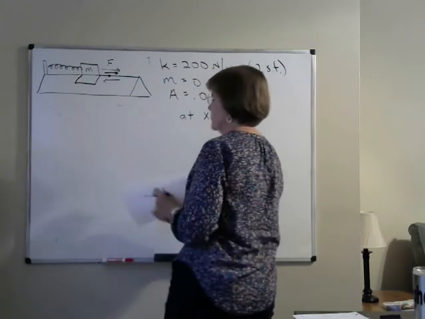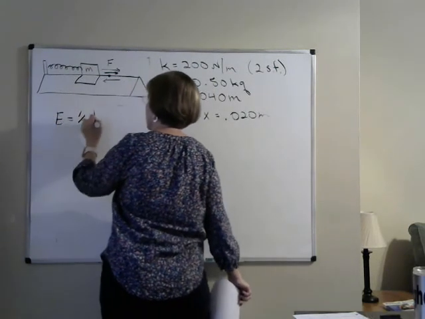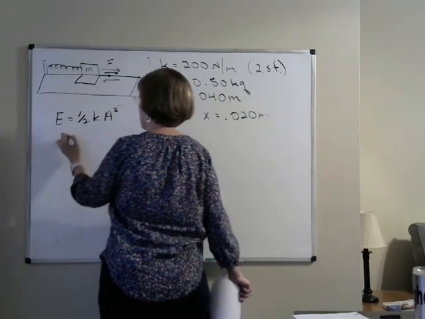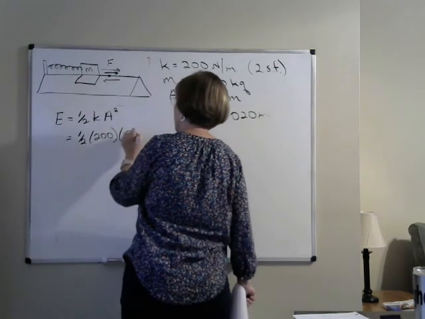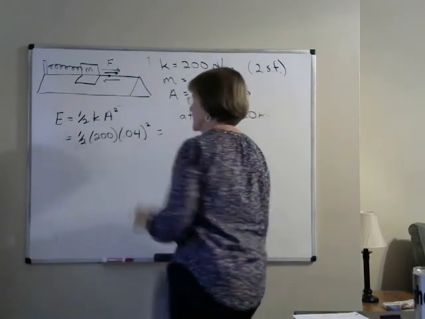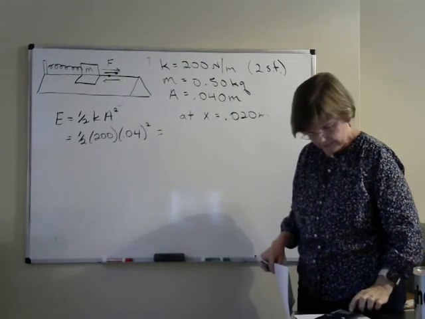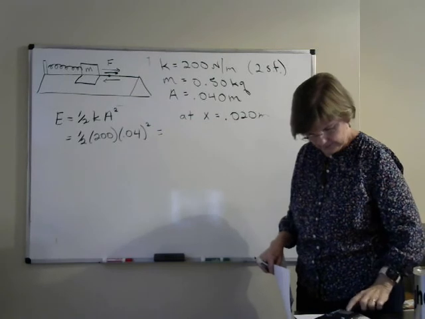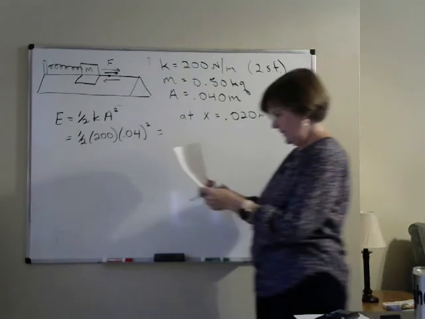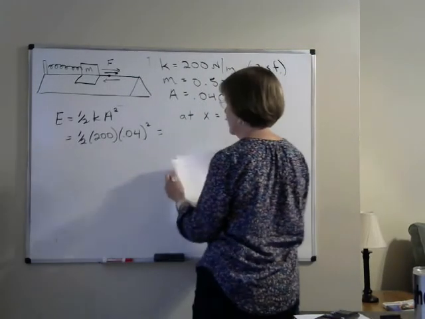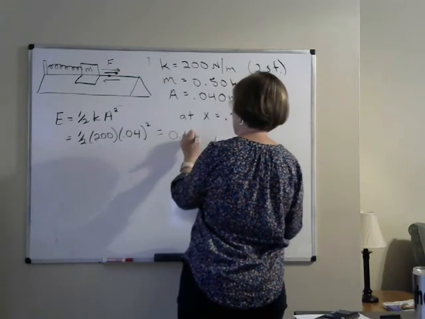The total energy in the system, 1/2 kA squared, is, let's see, that's going to be 100 times 0.04 squared. The total energy in the system that I got was 0.16 joules.